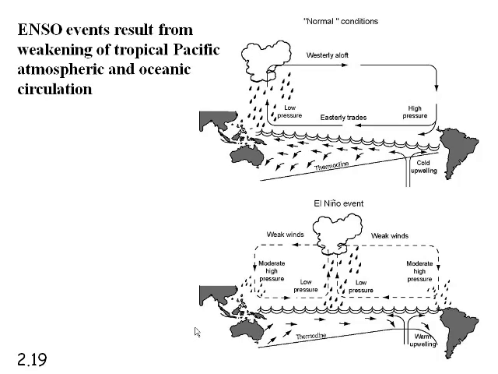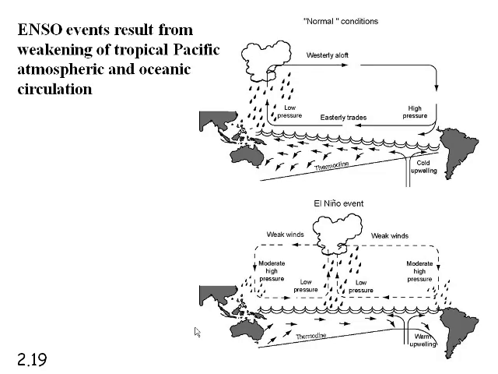It's caused by a weakening of the atmospheric and oceanic circulation. Stuff is forcing that off balance. So again, look through these diagrams, make sure you understand a normal versus an El Nino event. What's the difference between those two things? You see the difference in upwelling, you see the difference in the winds, difference in the rainfall, and the pressure systems.